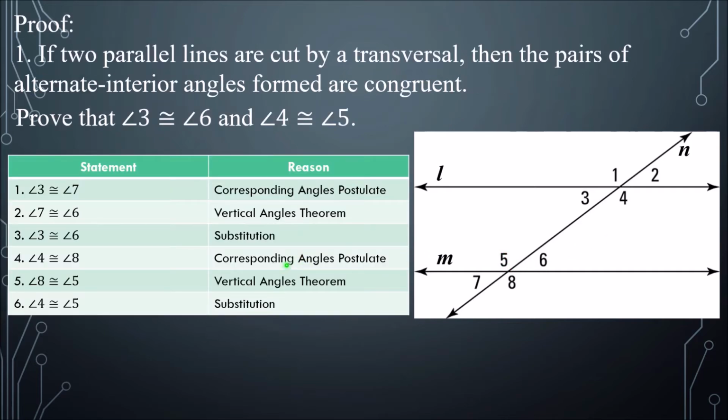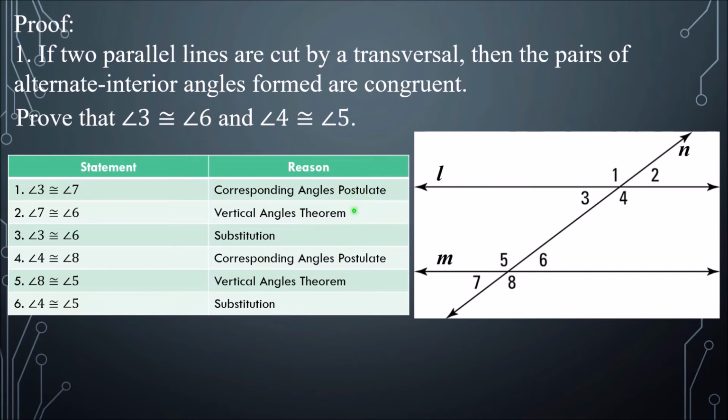Now, because this is a theorem, we need to prove if this is really true. So we need to prove that angle 3 is congruent to angle 6 and angle 4 is congruent to angle 5. So first, angle 3 is congruent to angle 7, by the corresponding angles postulate, the one that we had before.